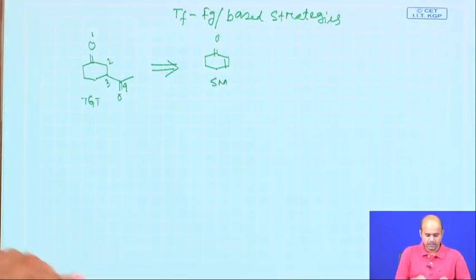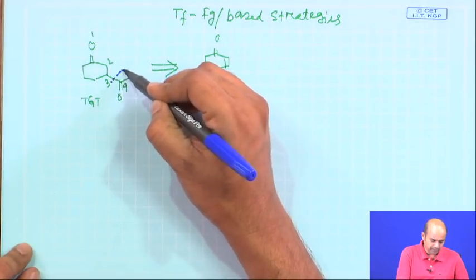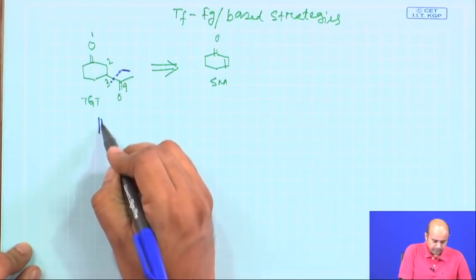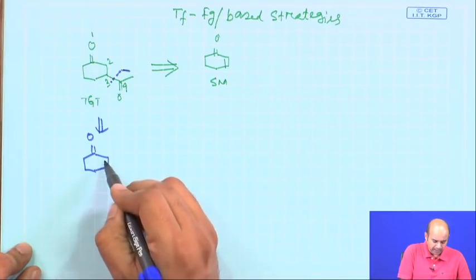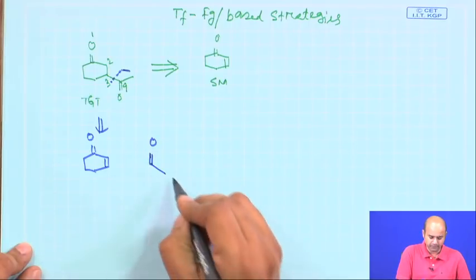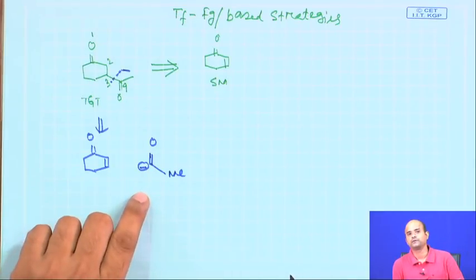Now, if you do a very conventional retro, you will do a retro here, and that will give you cyclohexenone as a Michael acceptor, and you need a species which is basically an umpolung species.